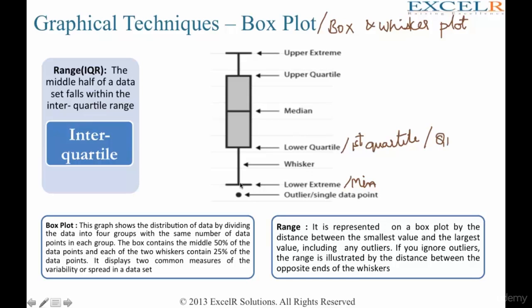From this minimum value to the first quartile, there would be the lower 25% of the data. If you're representing heights of the students, for example, the lower 25 students' heights fall in this range.